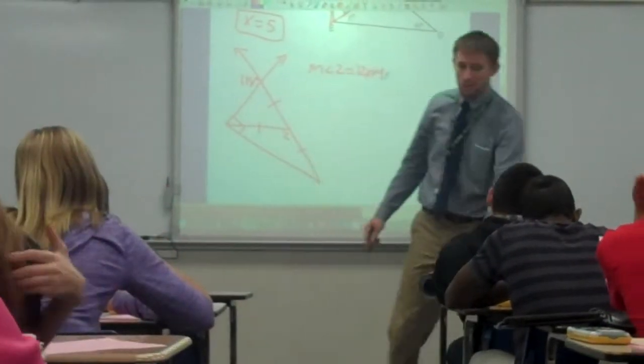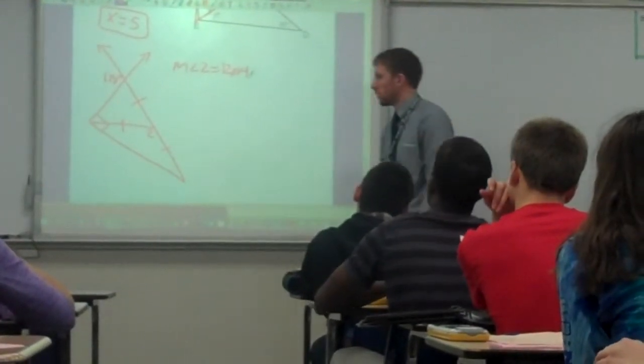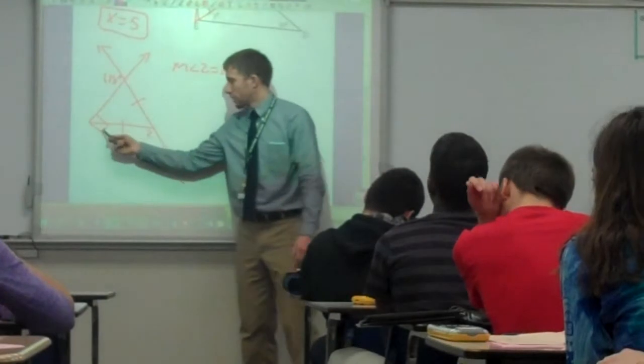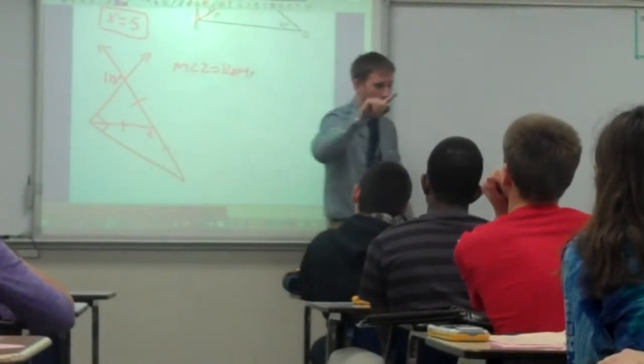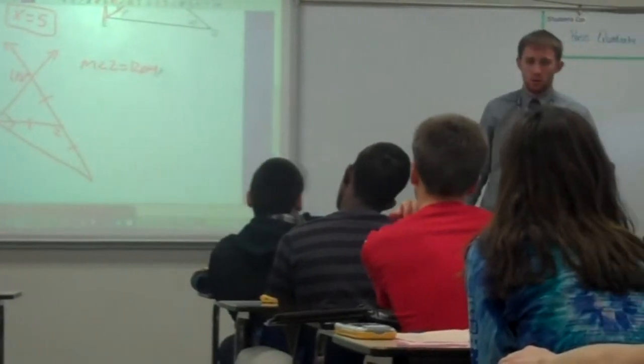We want to find x, correct? So, we know this is 90 degrees because it's a right angle, it's what the little square means. We're going to need to use it at some point, okay?